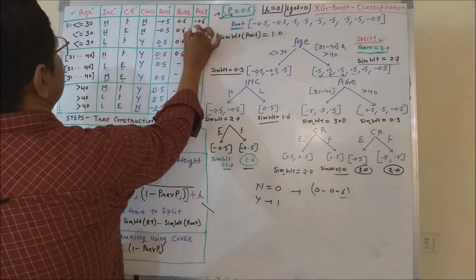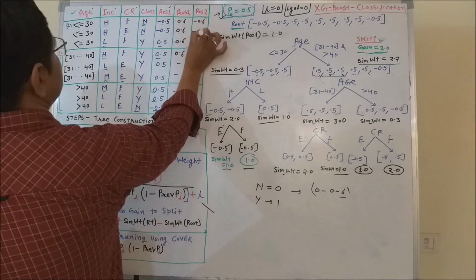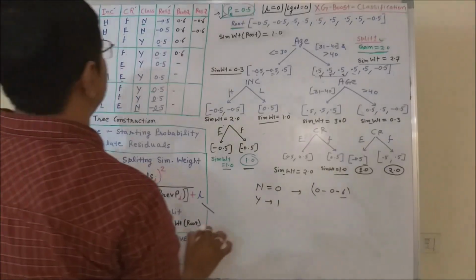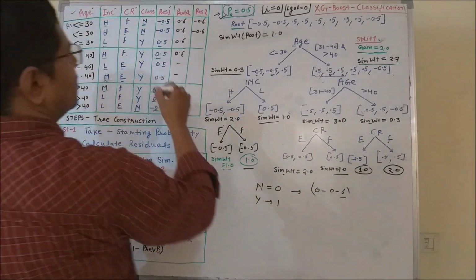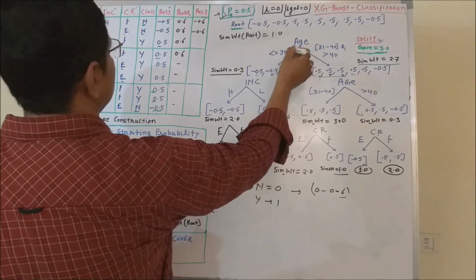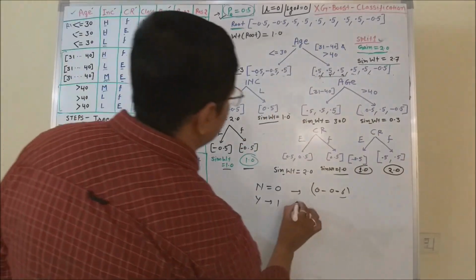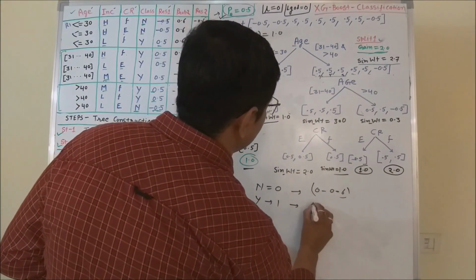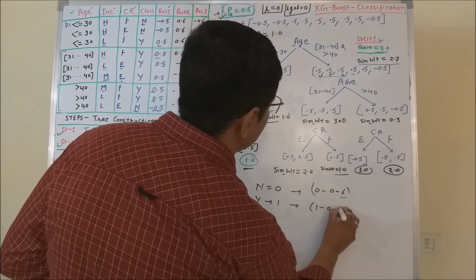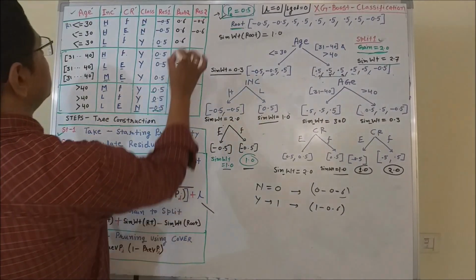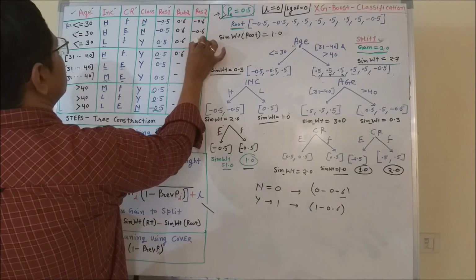Similarly, this is for the no class, it will be minus 0.6, and for this you will again get the value 1 minus 0.6, so it will be equal to 0.4.